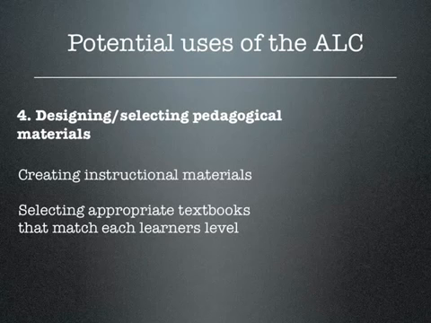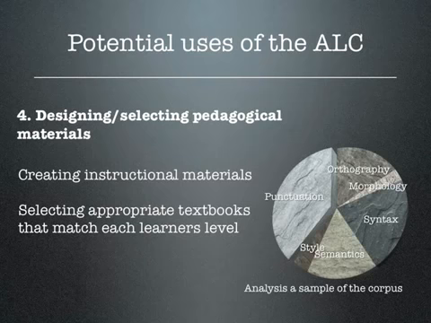Based on a corpus analysis, instructional materials can be created in order to focus on specific language aspects. It also can be useful for selecting the most appropriate textbooks that match the learner's level and are in line with their linguistic strengths and weaknesses. For example, by analyzing a sample of the corpus, it's obvious that punctuation requires more focus in the teaching materials.